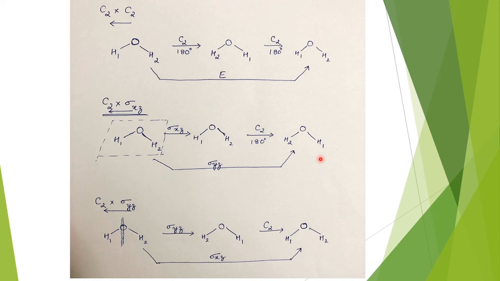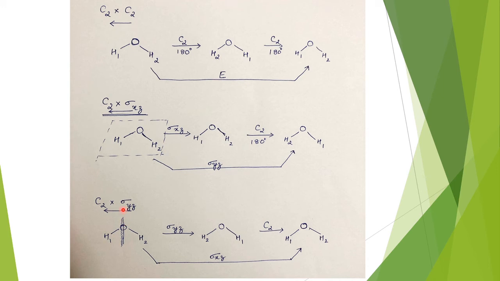There are two possibilities. We can consider that either it has been rotated through 180 degrees, that is it can be C2, or it can be sigma YZ, that is a reflection through the plane passing through oxygen alone. So there are two possibilities, and let's see the next one.